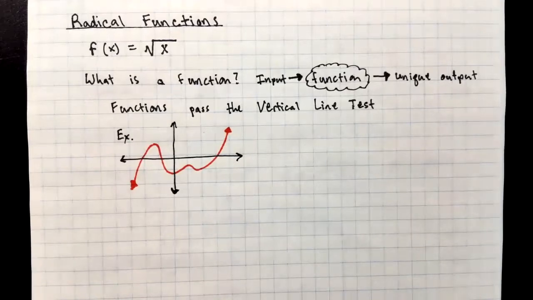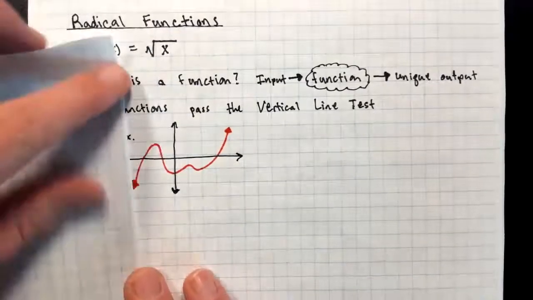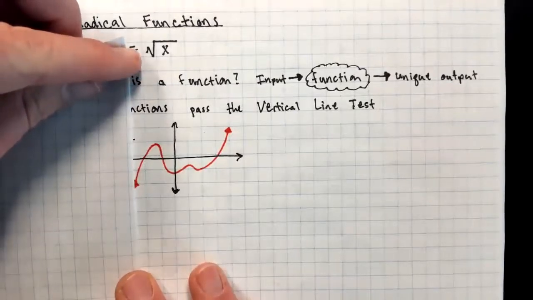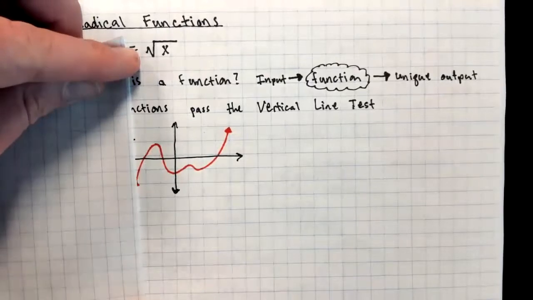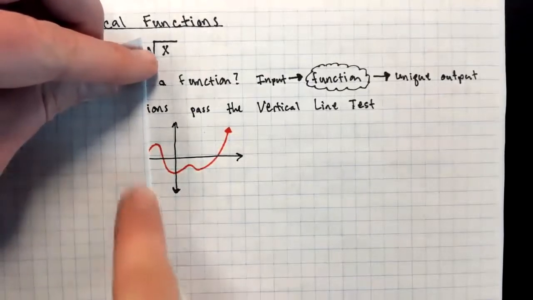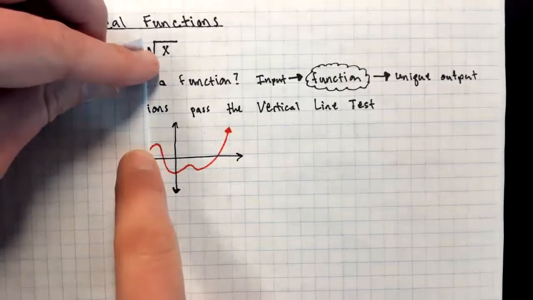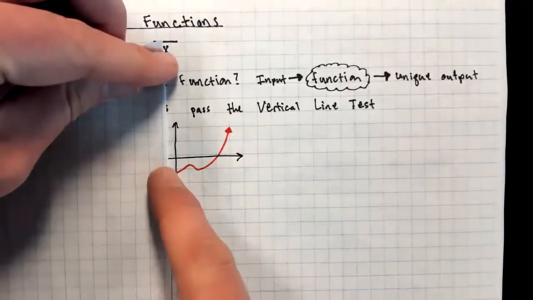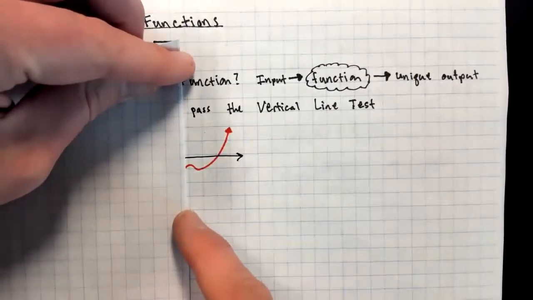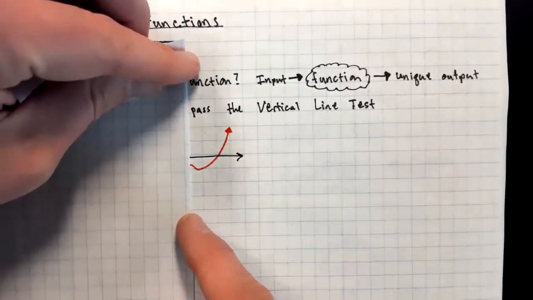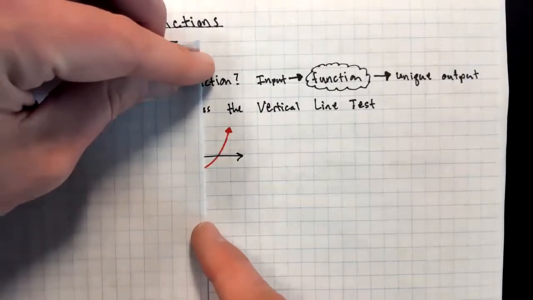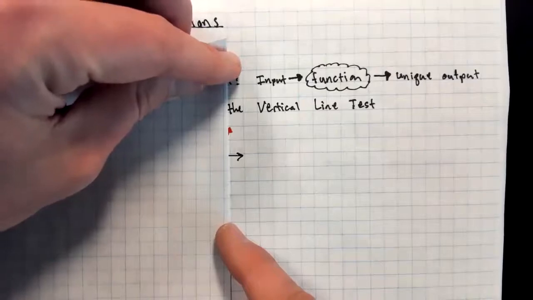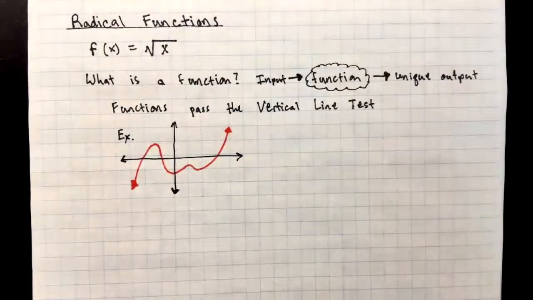Just get something straight up and down, and move it along the function. If it crosses the function in more than one spot, it's not a function. You see, as I move this across, we only intersect the function at one spot. I'll keep moving across, still one spot, it's down here now. There is never a spot where I cross the function twice. All right, pretty clear, huh? Not so bad. All right, what about this one?